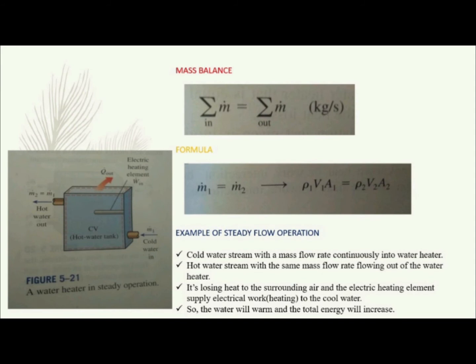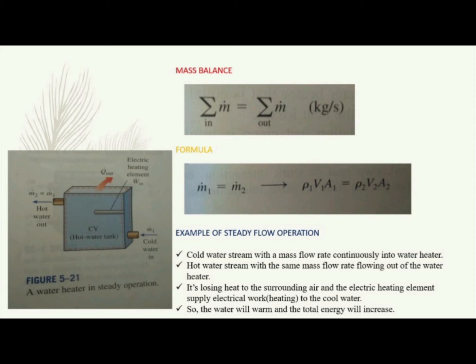Okay, for the mass balance, the formula is total mass in equal to total mass out. The mass flow formula is rho VA, where rho is the density, V is velocity, and A is the cross-sectional area. Figure 5.21 is an example of steady flow operation using a water heater.